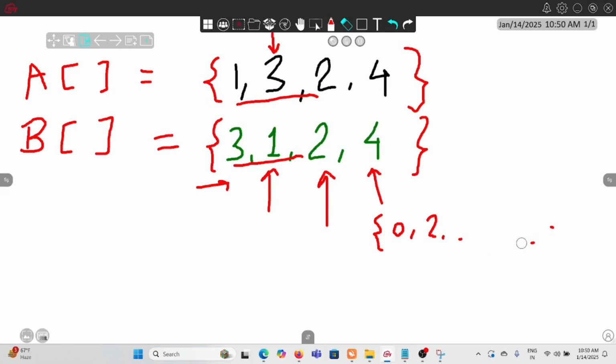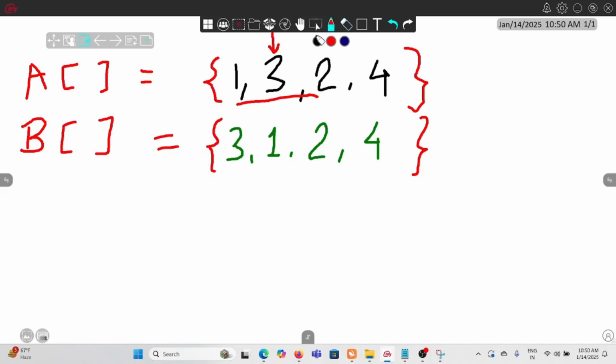Now in the approach, we will create two arrays of size 51. Why 51? Because we want to get the frequency of all the numbers starting from 1 till 50, and because arrays start from 0, that is why I want to take size 51.